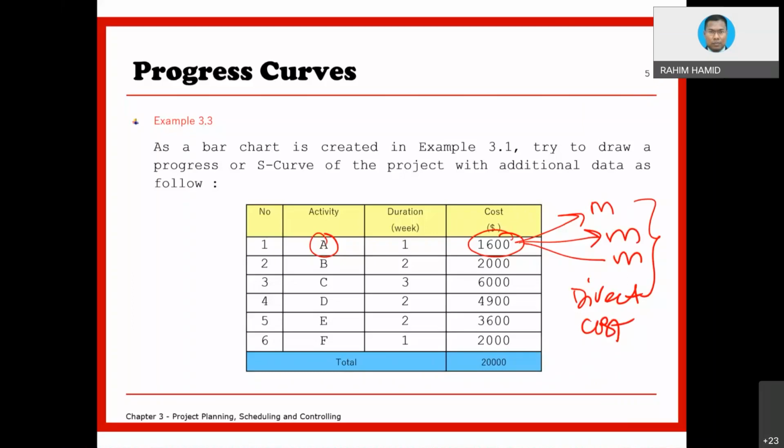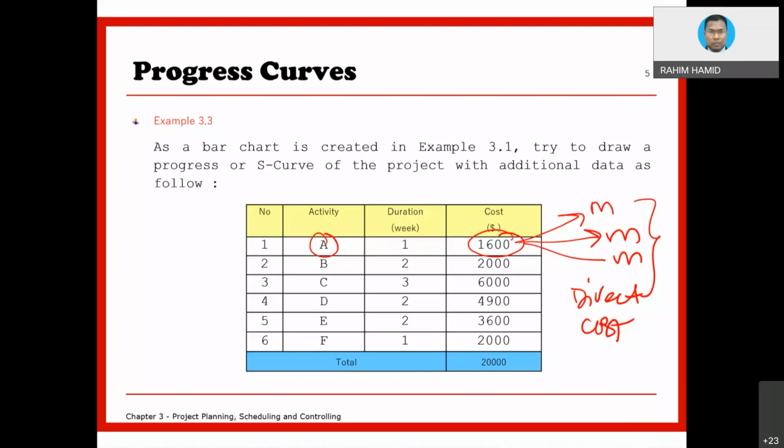So each activity, for sure, requires cost. Maybe the activity which doesn't require cost is a small activity like concrete curing. And in fact, we do not put concrete curing as an activity. Normally, no. We have another mechanism to reflect those things.